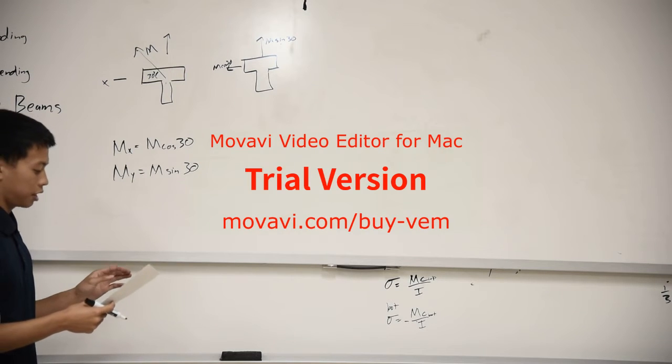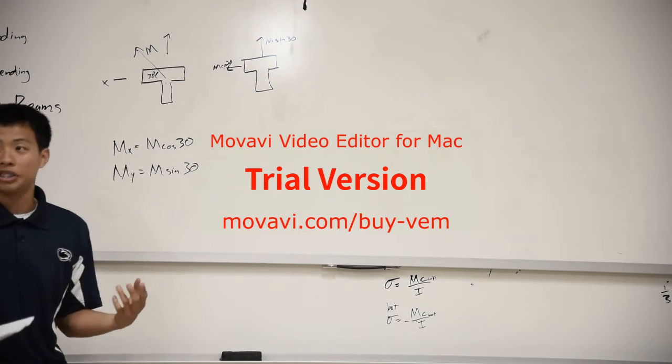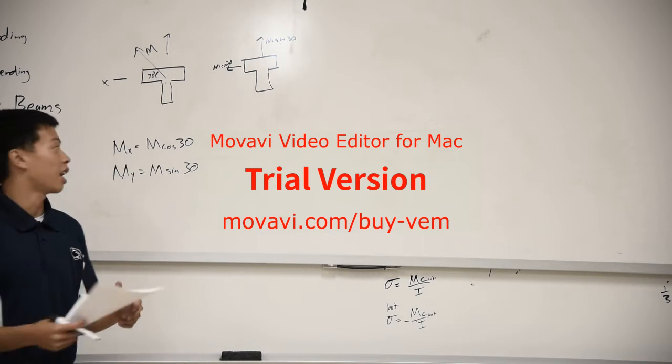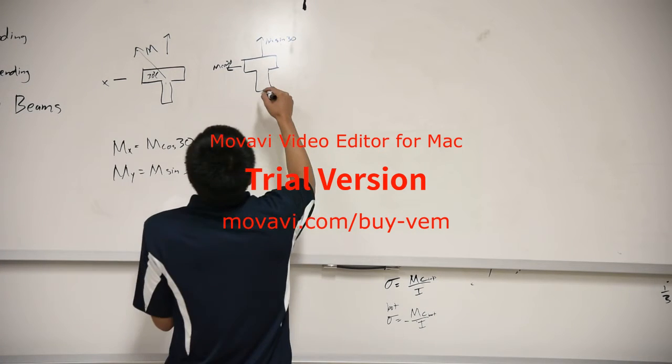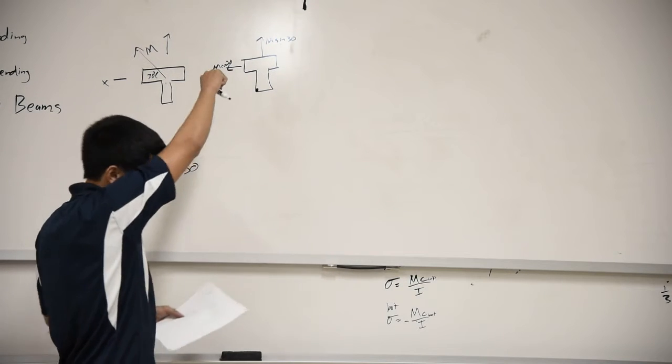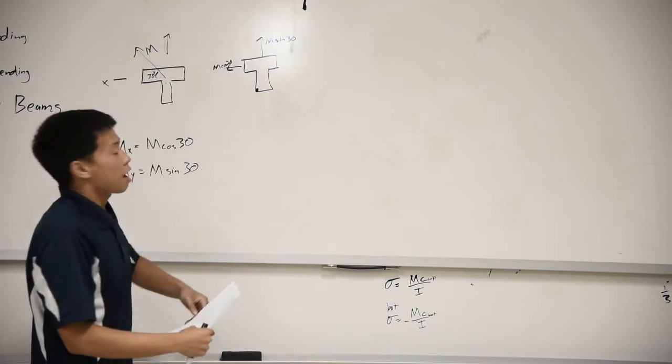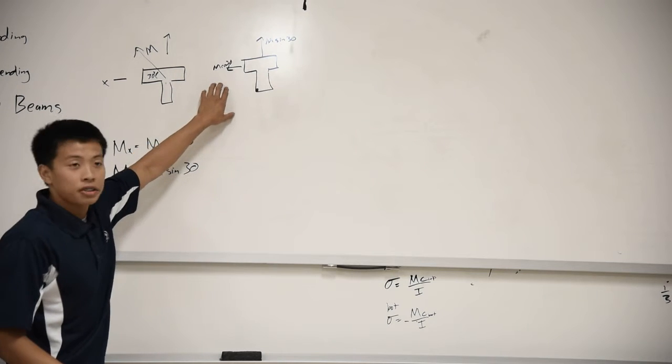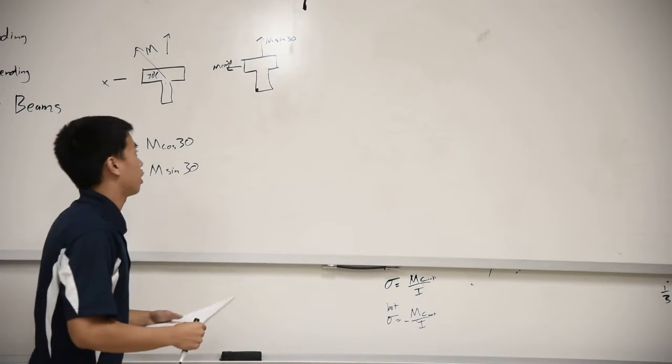The only thing I'm going to cover is, once again, the positives and the negatives. Say they say find the stress there. You're going to have stress due to the Mx, and you're going to have stress due to the My.